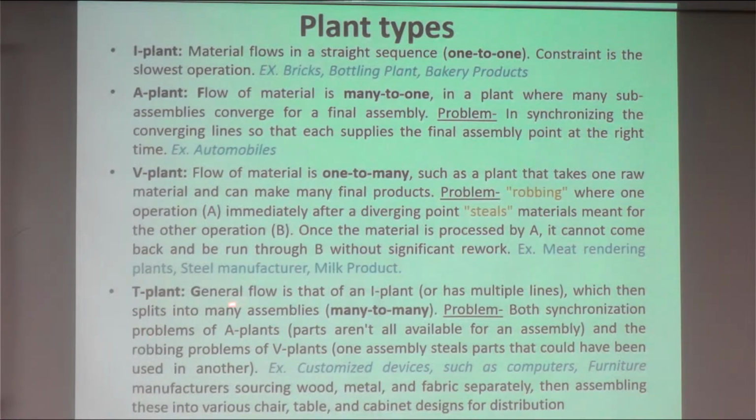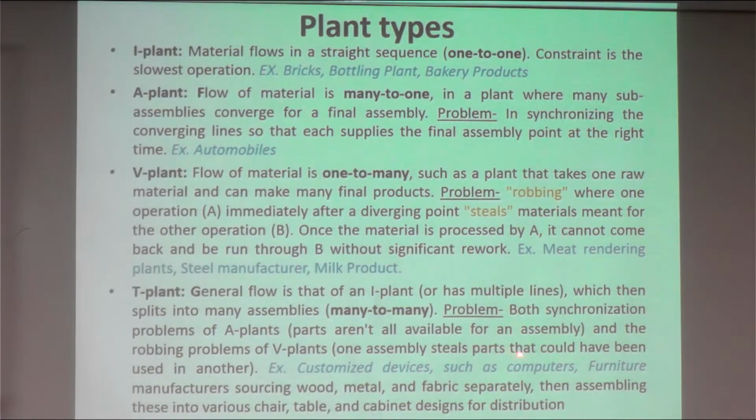Then the X plant, the general flow of an X plant. It is almost general to our I plant, but here it is many to many or has multiple lines, which then split into many assemblies, many to many. The problem is both the synchronization problem of A plant, so parts are not available for an assembly, and the rubbing problem of V plant also.